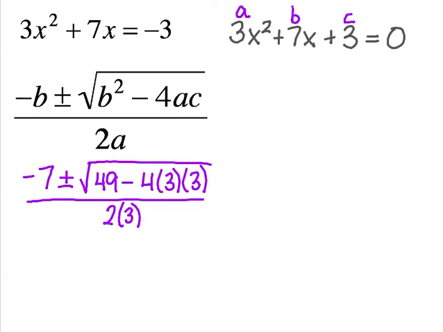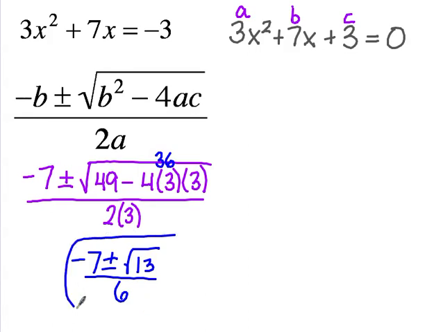Okay, so let's go ahead and calculate this. I get negative 7 plus or minus, what is 4 times 3 times 3? 36. So what is 49 minus 36? Root 13 all over 6. Can you break 13 down at all? No, so you're good to go. That is it. Okay, so they're pretty straightforward.